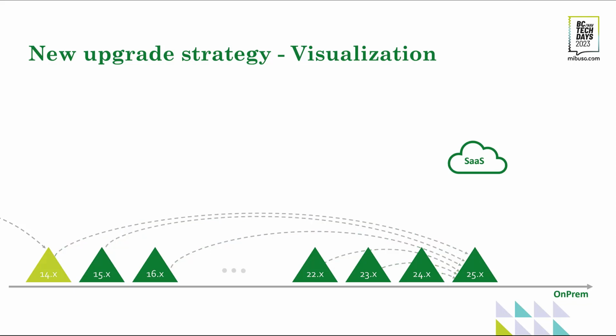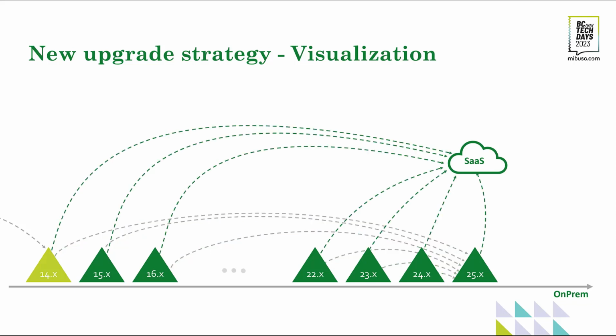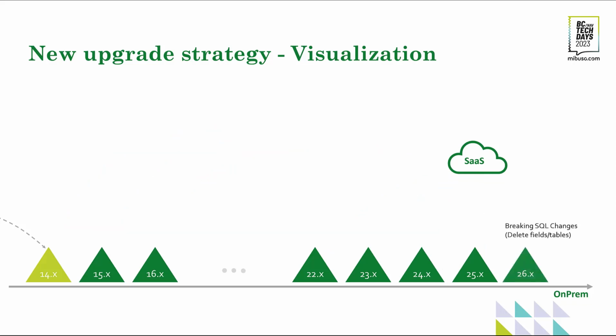You can go from all of these versions into version 25, and also all of the on-prem versions are able to go straight into SaaS. As we are working on version 26, we are going to start with deleting the objects. So we will introduce the breaking SQL changes immediately at the beginning. You will be able to see what we have done through the insider builds, and you can prepare for the changes that we are doing.